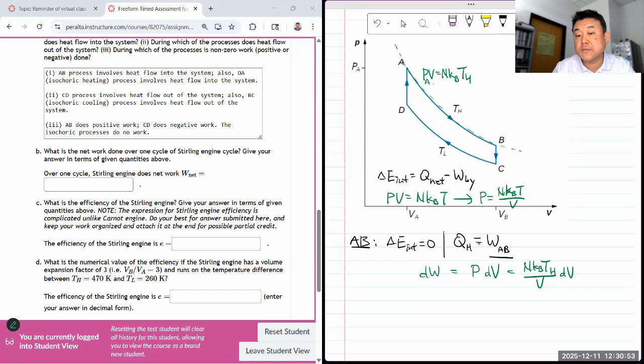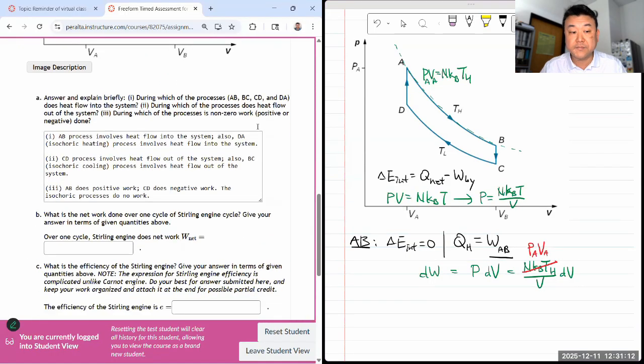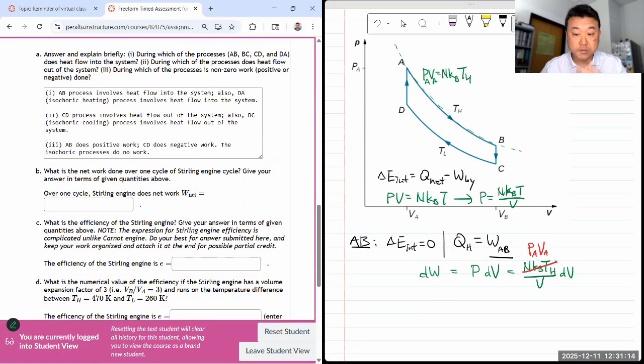Like PA times VA, that will be a constant. I can use that to replace this. So I'll make the substitution and say that this is PA times VA. That way, because I don't think the question gave me any of the like N or KB, it gave me pressures and volumes, which are easily measured, and the temperature. So I'm rewriting it in terms of pressure and volume.